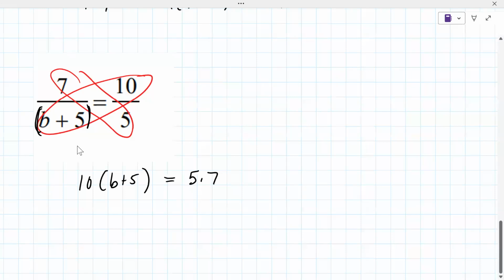Go ahead and distribute that 10. And then this is now an equation you need to solve. 10b plus 50 equals 35. So now solve this. And you may not get a nice friendly number. You may get a fraction or a decimal.